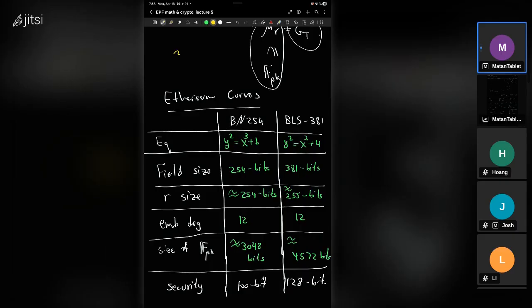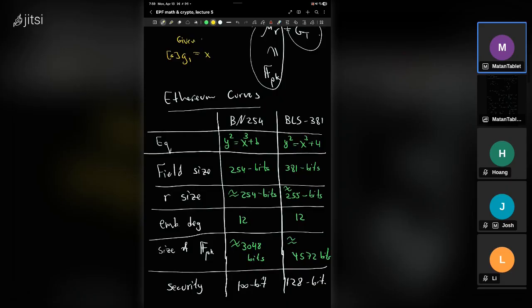I give you S times G1, but I don't tell you what S is. I give you this as an element X. Given X, find S. In order to find S, you will need to do a lot of additions in the elliptic curve.